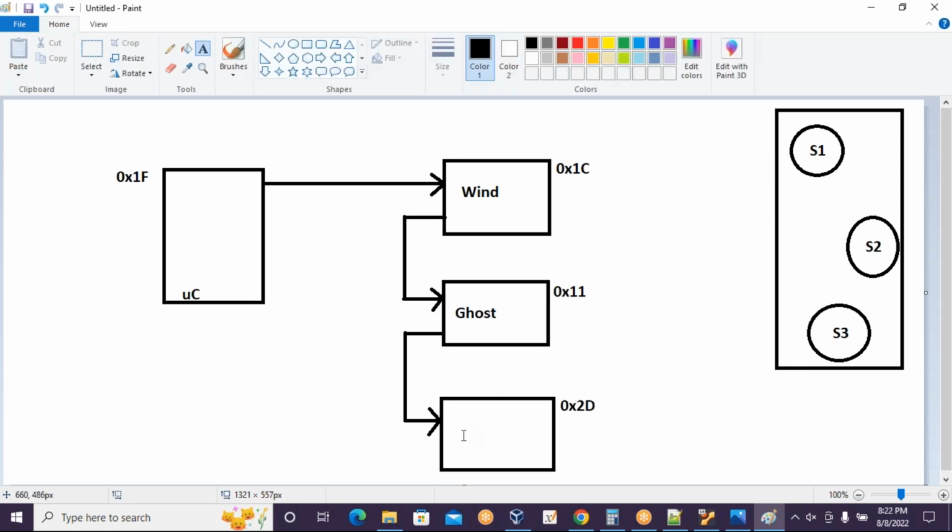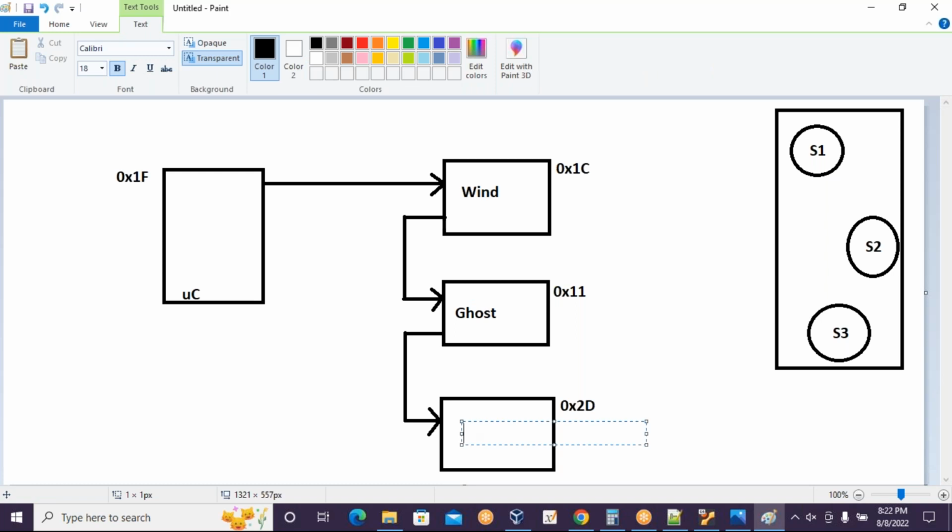And let's say another DAC is there. Assume it's raining in the scene, and there is another DAC monitoring the sound of the water droplet. So there is one DAC monitoring the wind, another DAC monitoring the sound of the ghost, and another DAC monitoring the sound of the water droplet.